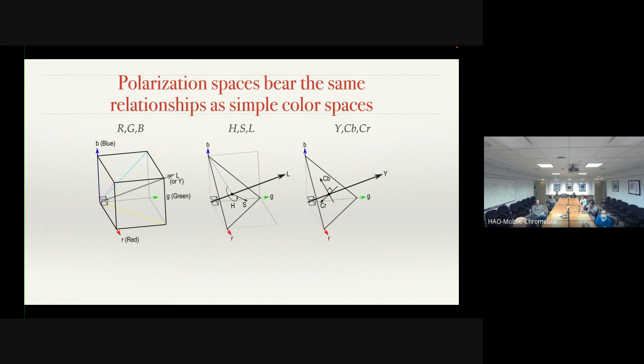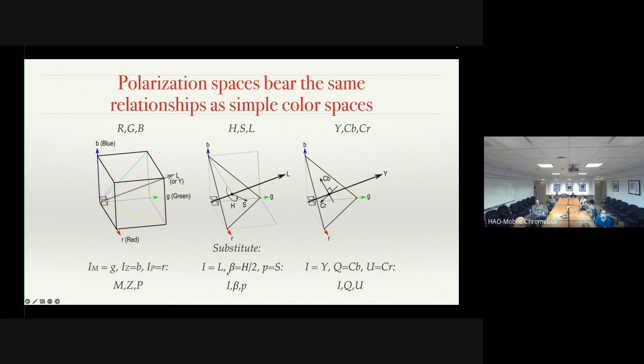It turns out those are exactly the same as the three polarization systems I just showed you. We have RGB, we have hue, saturation, and lightness, we have YCbCr. These are three different ways to represent the same color space. If we apply this analogy and substitute these values, IM, IZ, and IP, for RGB, we get that tripolarizer system, and it has exactly the same mathematical relation to the other two as the color systems do.